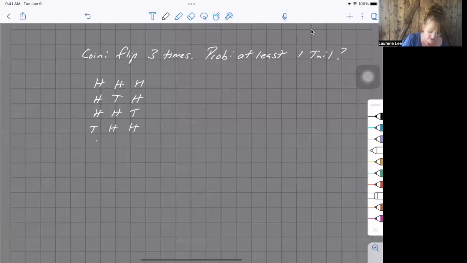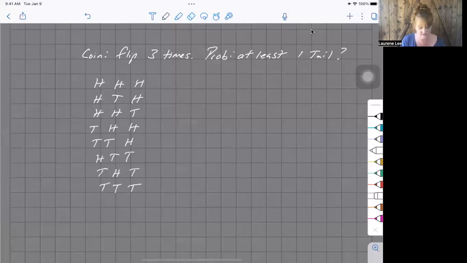I could get 2 tails and those could both happen at the beginning. They could both happen at the end, or I could get a tail at the beginning and the end on either side. And I could also get all tails. So this is all the ways that I can flip 3 coins.